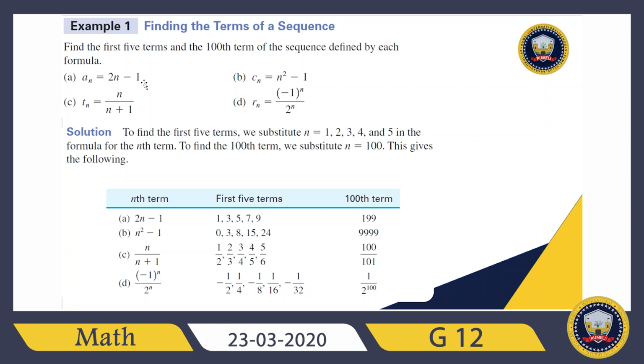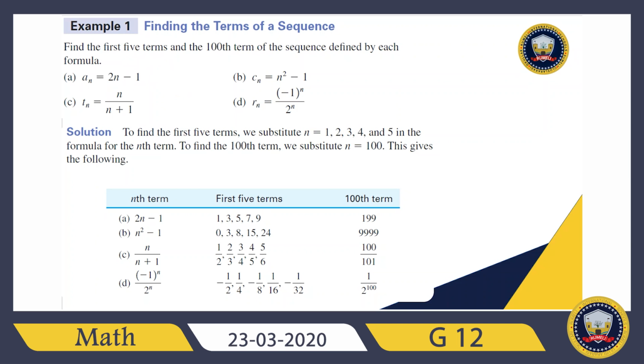So instead of defining the sequence by 2n, as we did in the previous slide, it's 2n minus 1. This one here, an equals negative 1 to the power n over 2 to the n, and so on. So for each one of these sequences, we can define its own formula for the nth term. So how do we find these first 5 terms? Let's start with the first one.